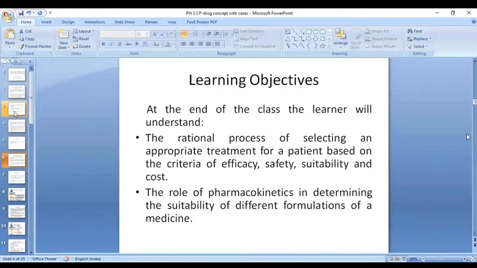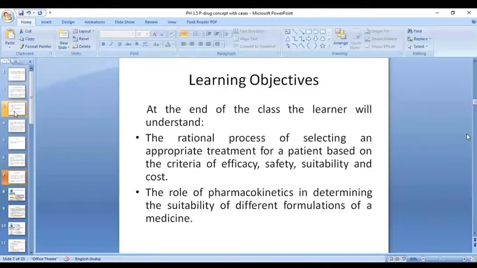That's why we prefer an oral formulation. Something that is absorbed orally is preferred, but insulin is not absorbed orally, and we don't have any inhalation formulation as of now. So again, it's not suitable for that particular condition. So pharmacokinetics itself is also important for the choice and suitability of a particular medication.